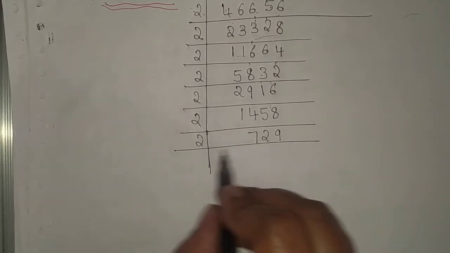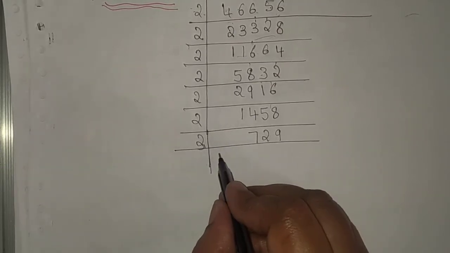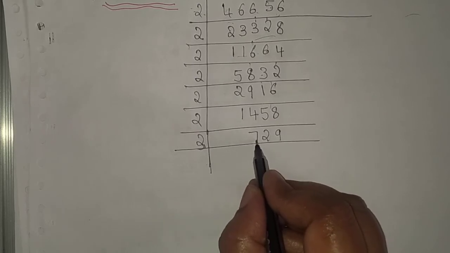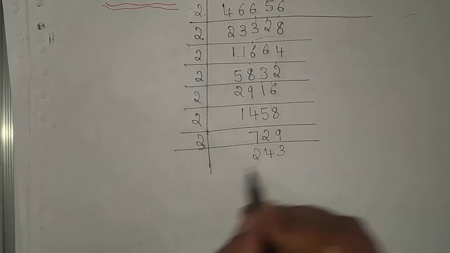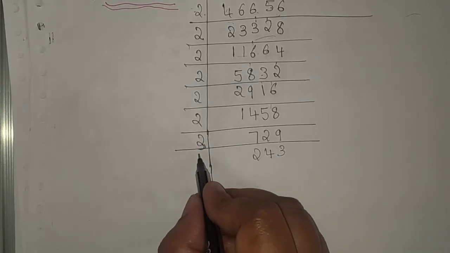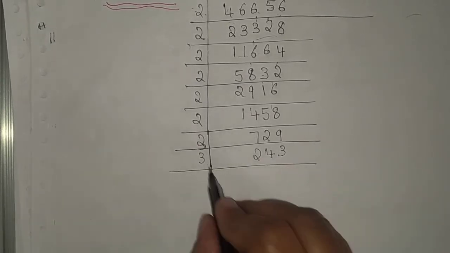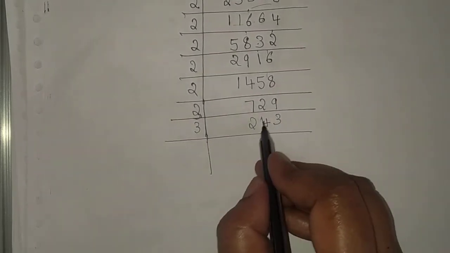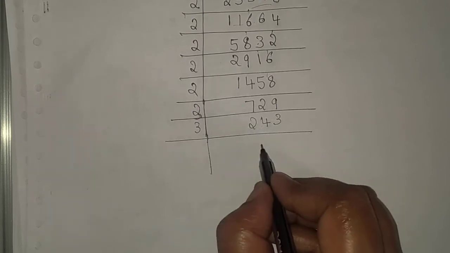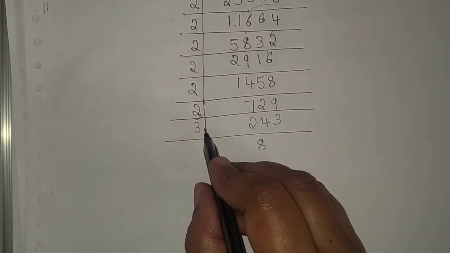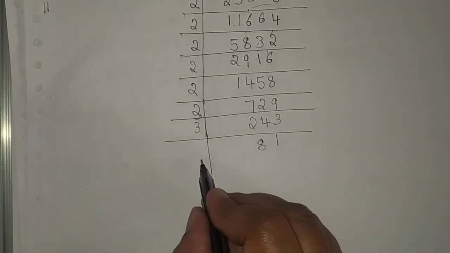Again 2 we can take, no, this is not possible, we'll take 3 here. So 3 2s are 6, 1 here, 3 4s are 12, 3 3s are 9. So see how easily we can find out these multiples without using a calculator. Again 3 8s are 24, 3 1s are 3.